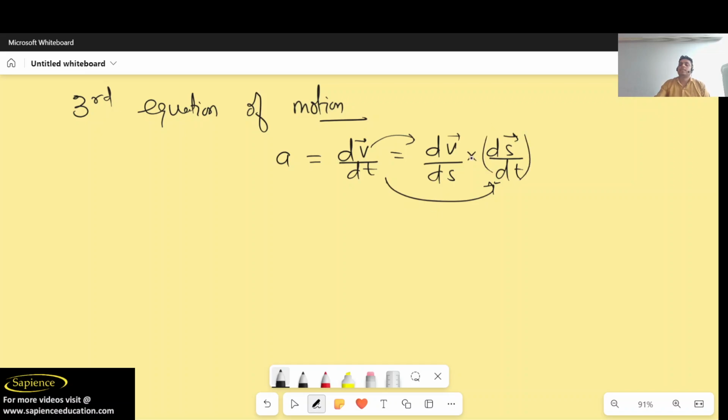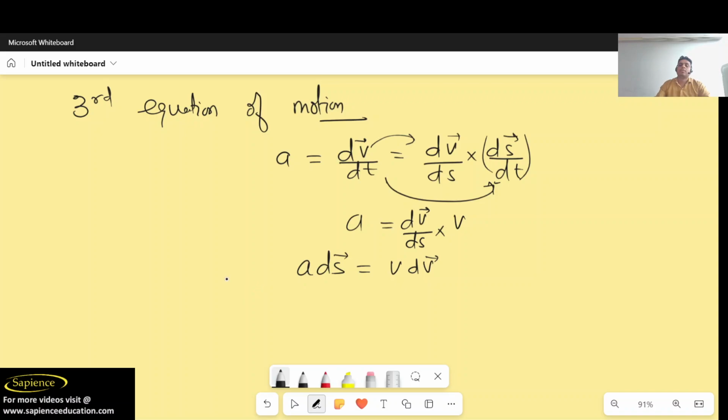Now can anyone tell me what is the meaning of ds by dt? Since dv by ds into ds by dt can be written as v, this is written as acceleration. Now rearrange the equation. So a ds can be written as v dv.